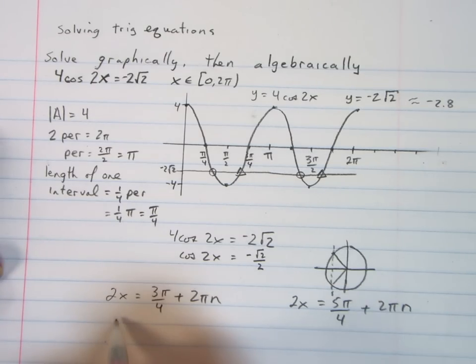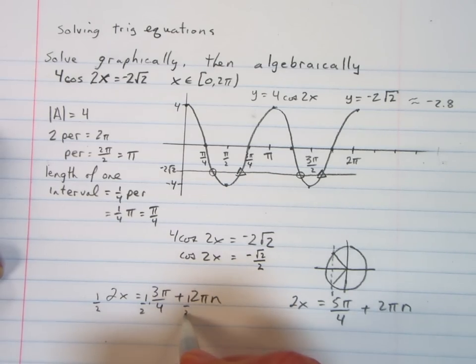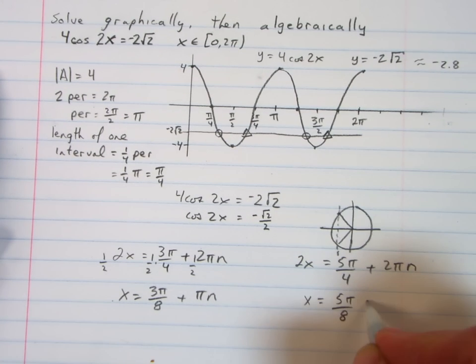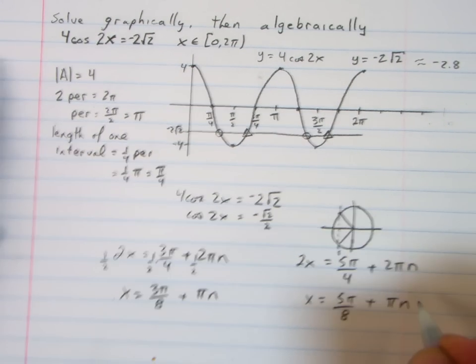Now let's see what happens when we solve for x. Remember, we're not going to divide by 2. We'll multiply by the reciprocal just to prevent any mistakes from occurring. So we'll have 3 pi over 8 plus pi n. And over here, now that we know we're doing 1/2, we can just say it's 5 pi over 8 plus pi n.